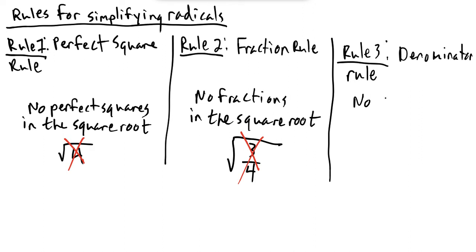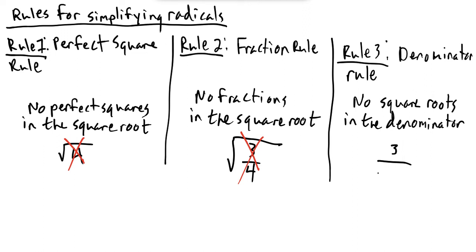So no square roots in the denominator. So if you had 3 over the square root of 7, that is a no-go. We have a square root in the denominator, and that's not simplified.